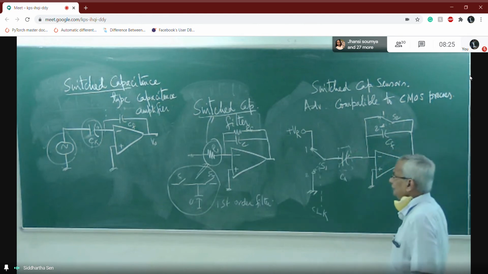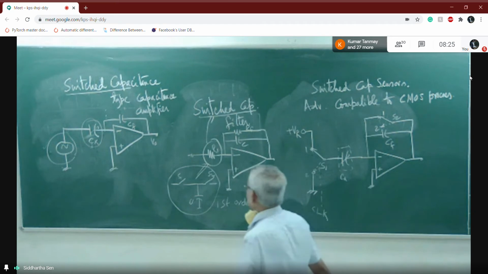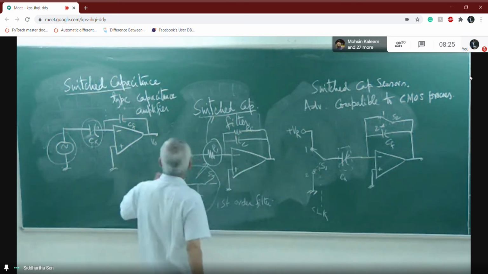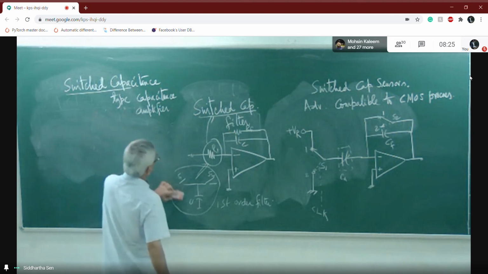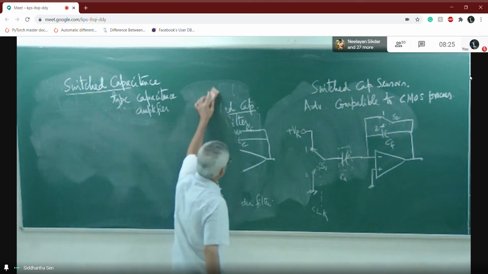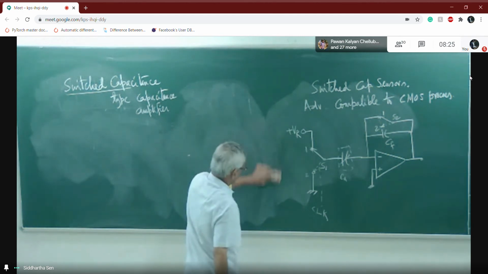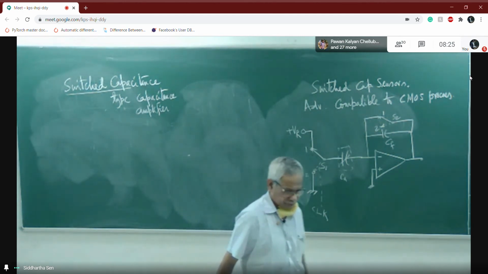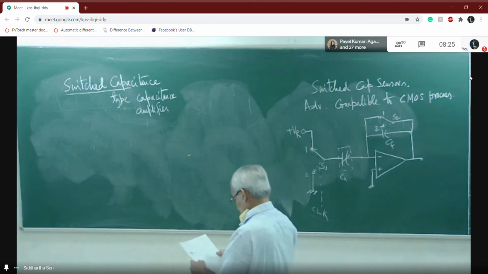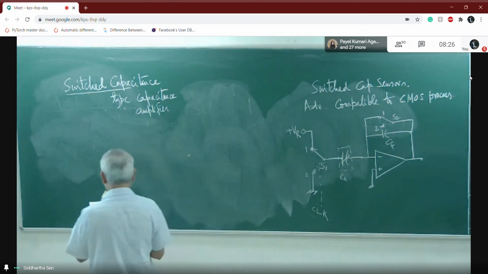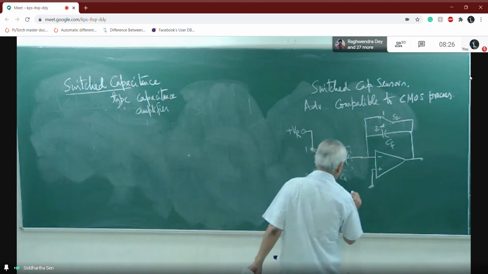Am I clear? Now let us try to see how it works. S1 and S2 are CMOS analog switches.